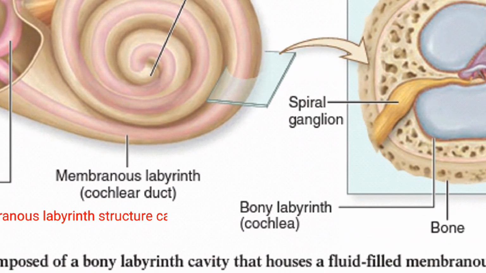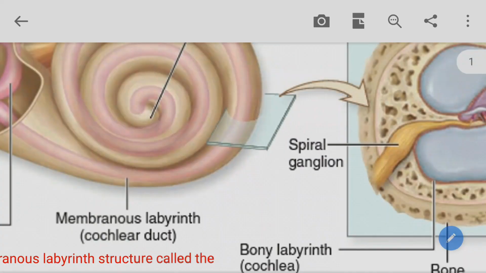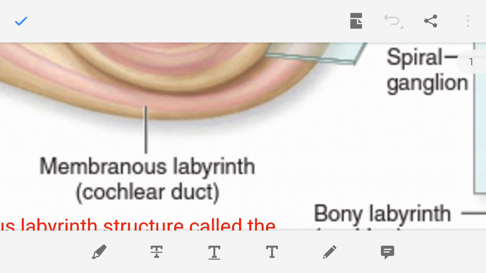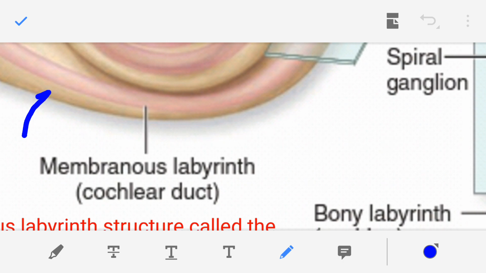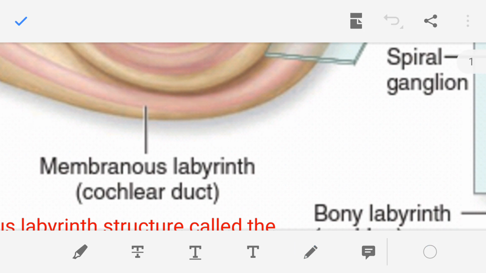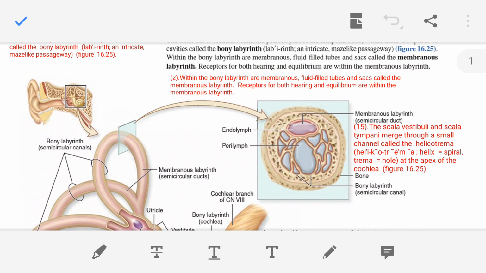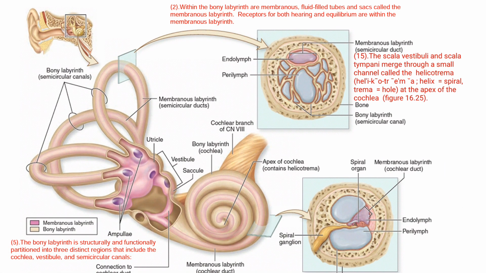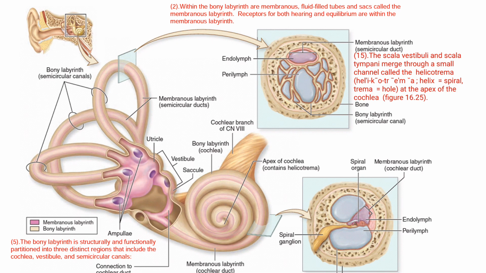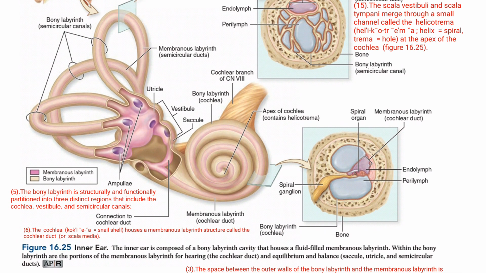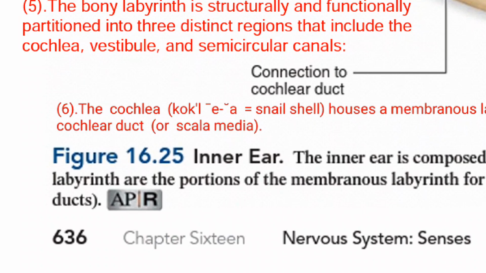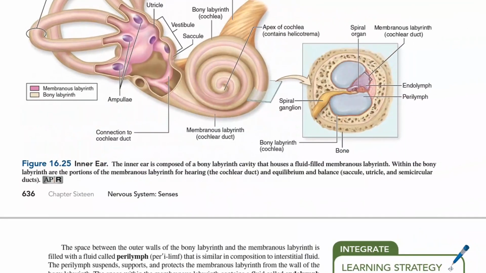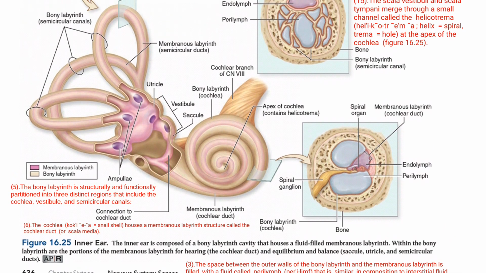So this part is the bony labyrinth, and this pink color portion is the membranous labyrinth. Once again I am showing you this entire figure. Read all the names in this figure. See, figure 16.25, inner ear. Read all the information.